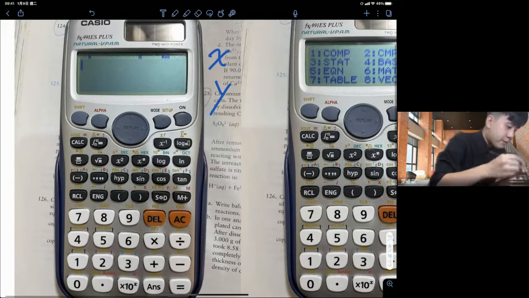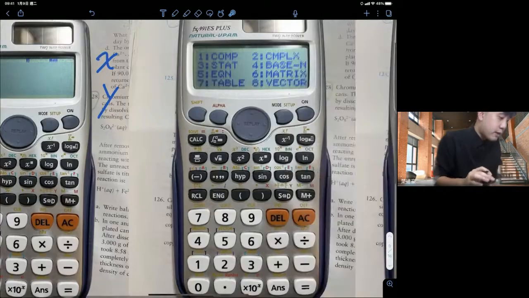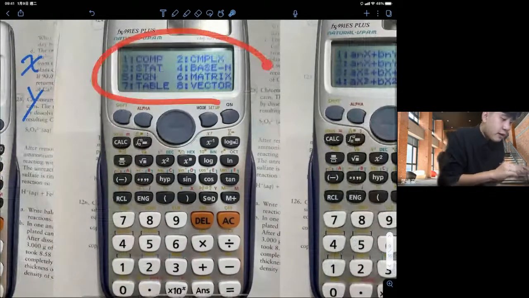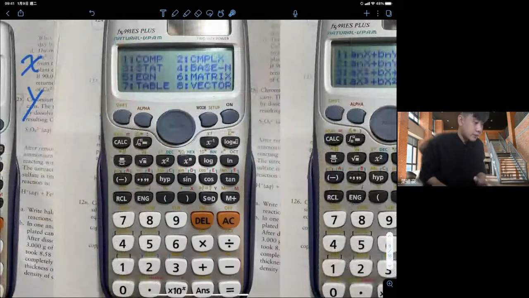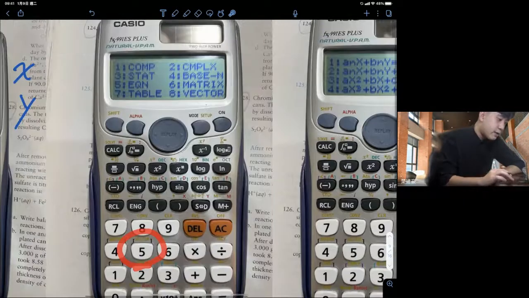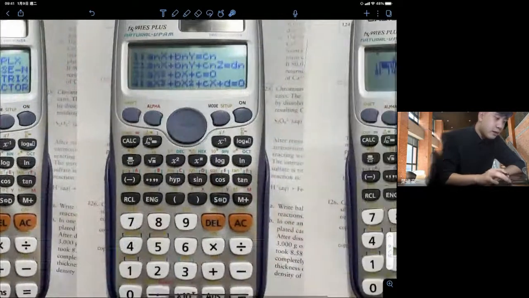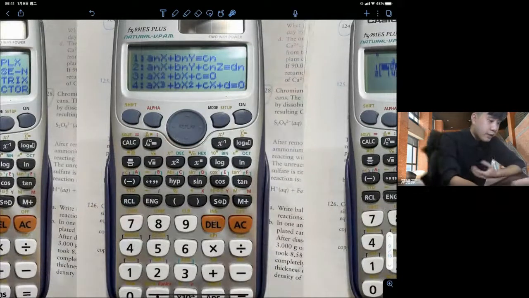So basically, the first step is to press the mode button over here, and you will go into a table that looks like this. These are the functions this calculator can do. Now you want to solve an equation, so you can see 5 is equation over here. Press 5 and you will enter the equation mode. Then you will go into a page where you can select what kind of equation you want to solve.